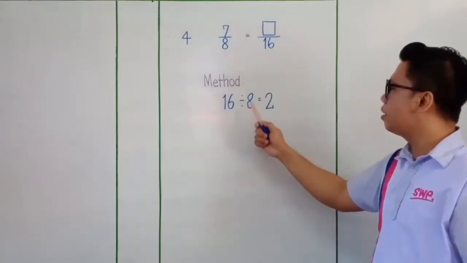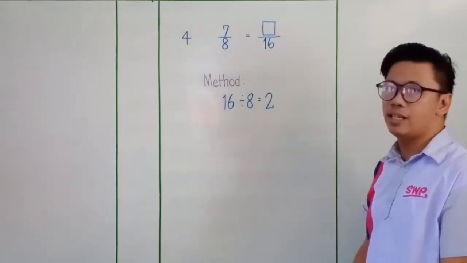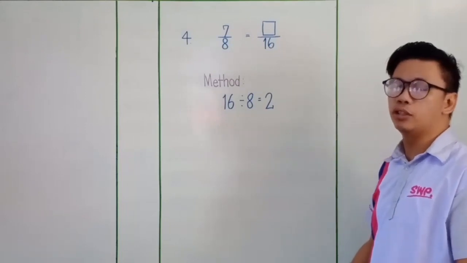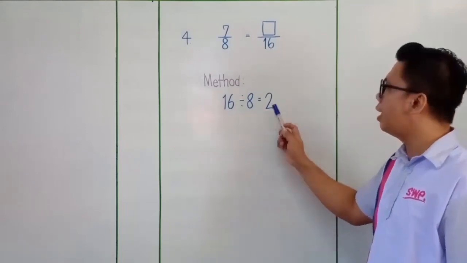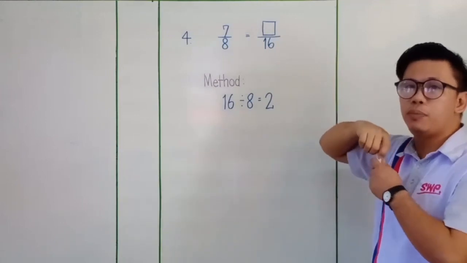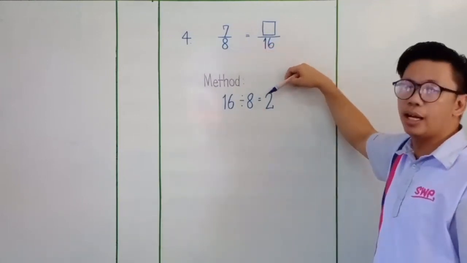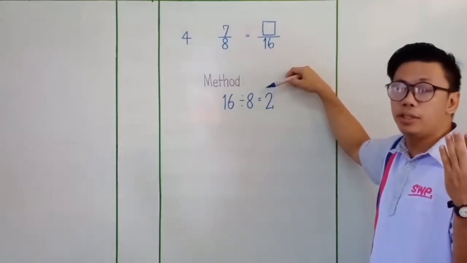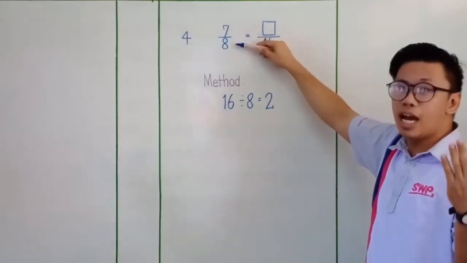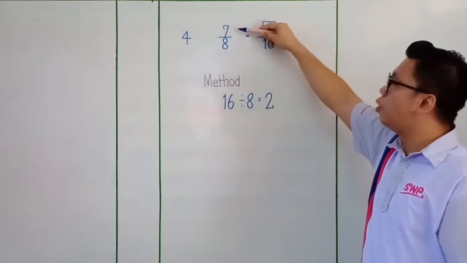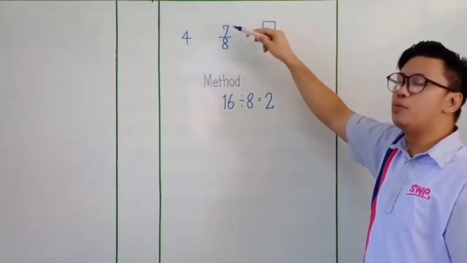Now we have finished our first method. So what is next? We will multiply the numerator by 2. Why do we multiply by 2? Because 8 is multiplied by 2. Again, whatever number we multiply in the denominator, we also multiply in the numerator.